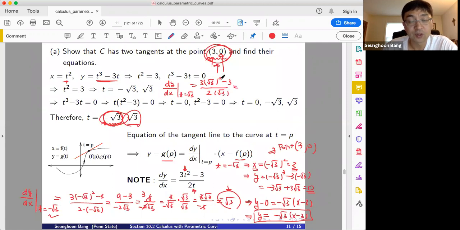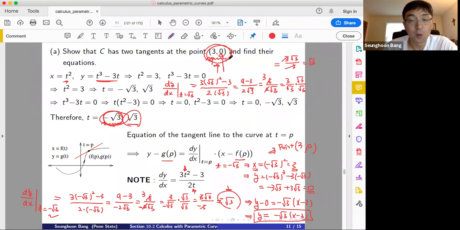The root 3 squared is 3, and 3 times 3 is 9. 9 minus 3 is 6 over 2 times the square root of 3. 2 is crossed out, only 3 over root 3. Multiply top and bottom by root 3, so this is 3 root 3 over 3. 3 is crossed out, so root 3.